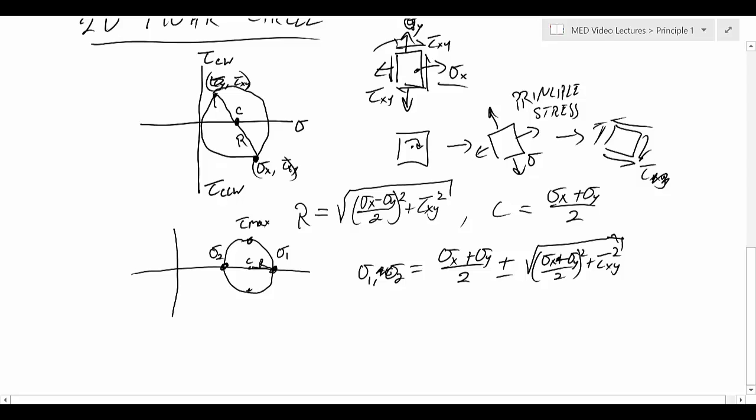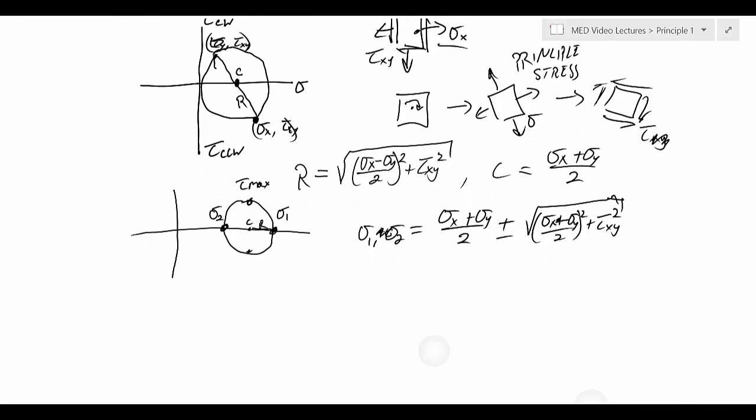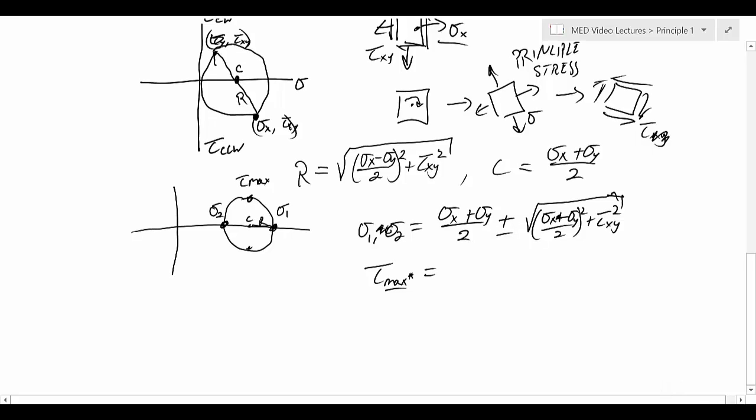And those will get you the principal stress values. Or we can want to know the maximum shear stress, and let me put a little caveat, I'll come back to this, which is just going to be the radius up or down from that center. So the maximum shear stress is the square root of sigma x minus sigma y over 2 squared plus tau xy squared.